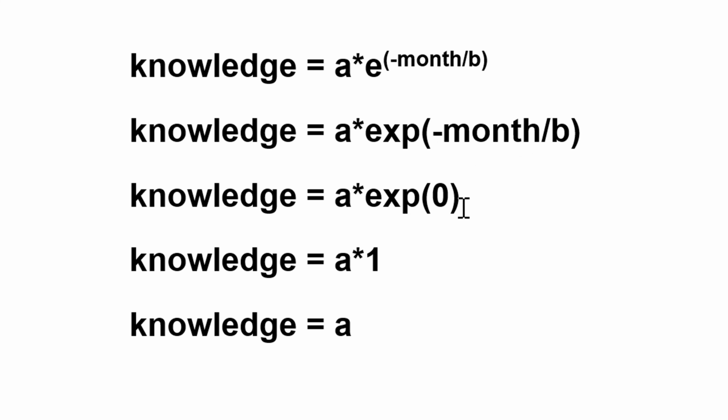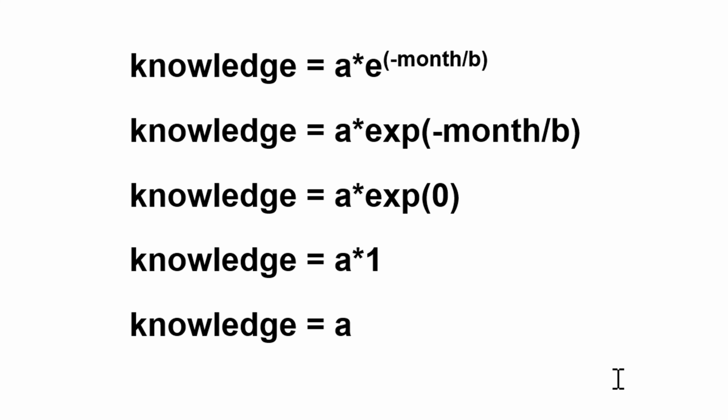So I have A times the exponent of 0, and that's A times 1, which is equal to just A. So parameter A in the equation reflects the mean knowledge score for people in the immediate recall condition, or when time, in this case months, equals 0. In other words, A has a meaningful interpretation, and we will be interested in the value of it.